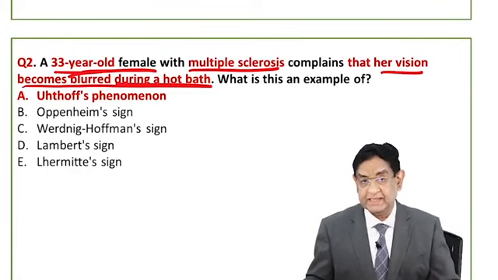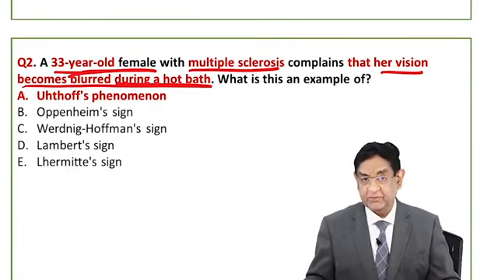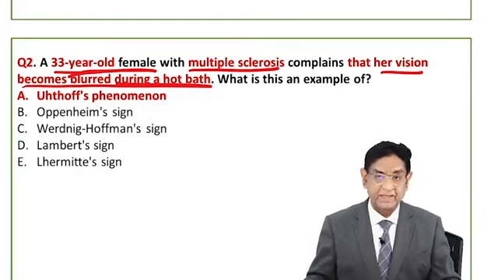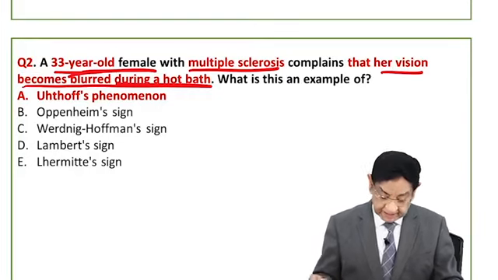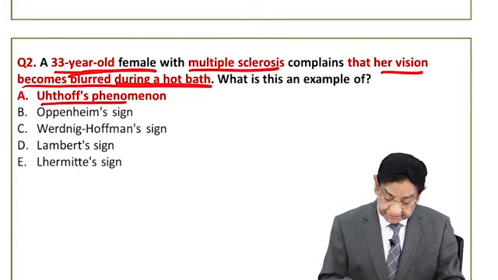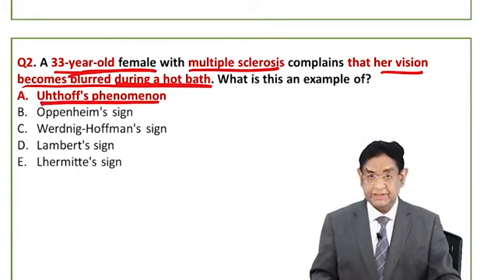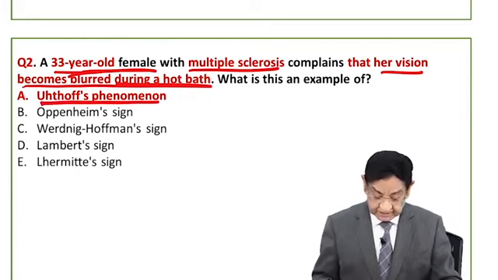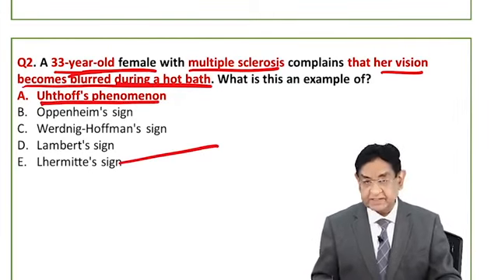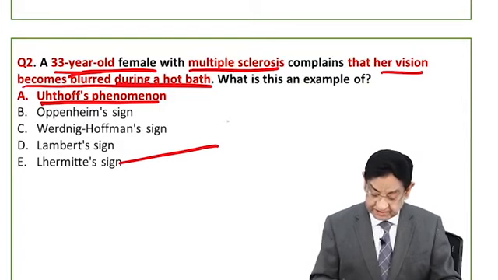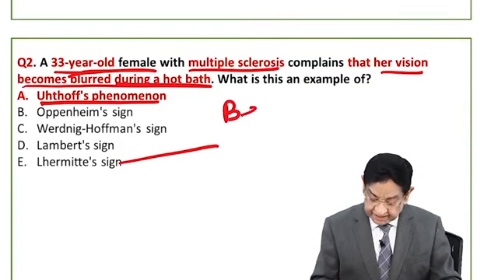Now your basic concepts are very clear. What is it talking about? The symptom increases after a hot bath, right? So that is Uhthoff phenomenon. This point I discussed previously. Then there is Lhermitte sign. Again, we see it in multiple sclerosis, but this is on bending the neck forward.